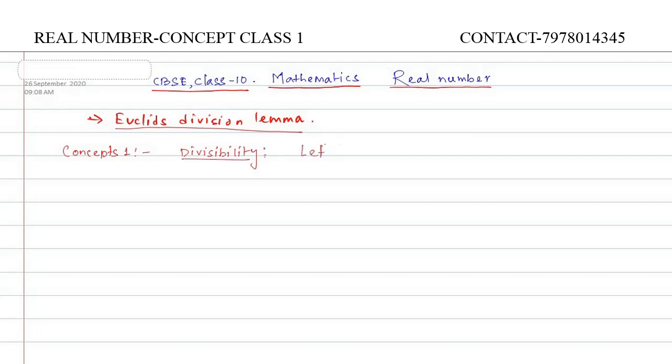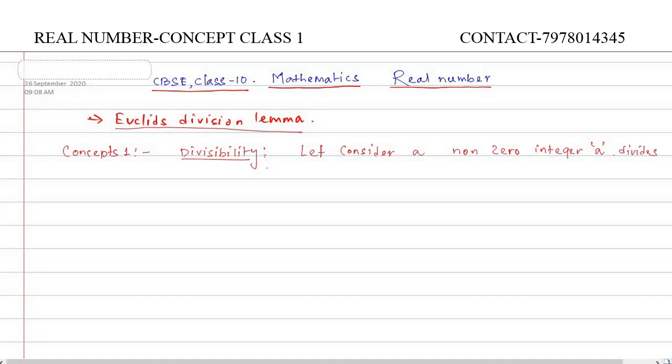We can say, consider a non-zero integer a. So we are considering a non-zero integer a divides b such that there exists an integer c, so we can write down here b is equal to a into c.